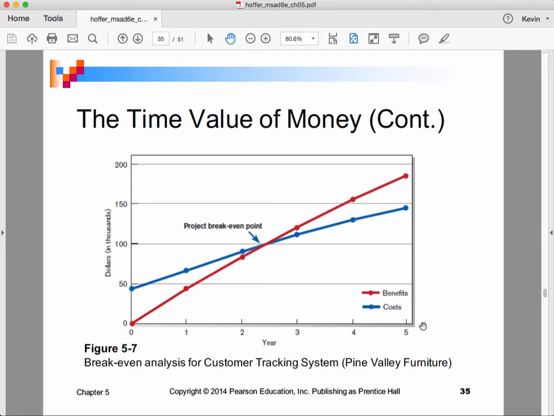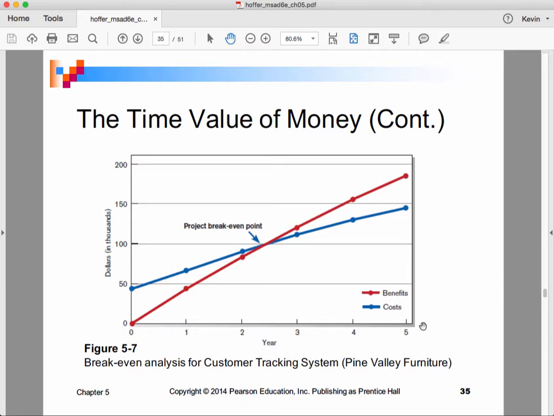Because if you look at this, the project that we see for the customer tracking system for Pine Valley Furniture, it looks like the projected break-even point is 2.5 years. So a decision maker would ask themselves, is the environment that we operate in likely to change between now and 2.5 years from now?